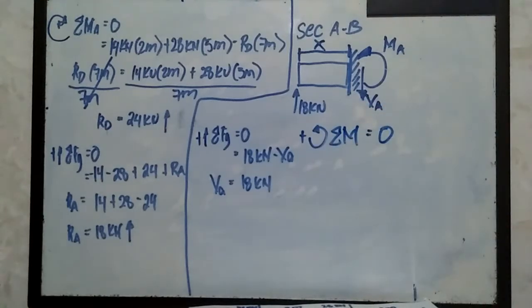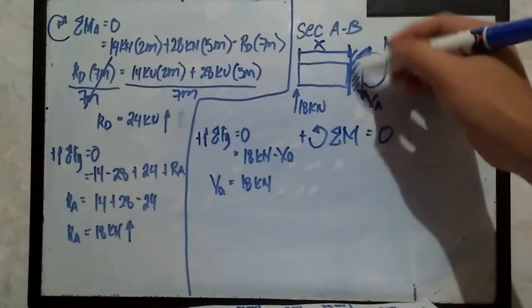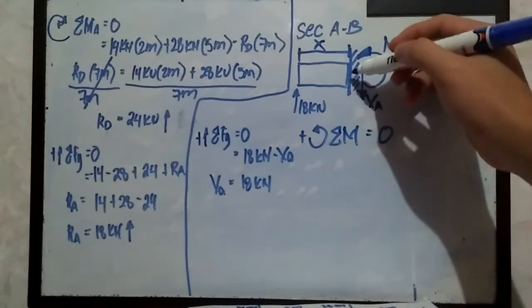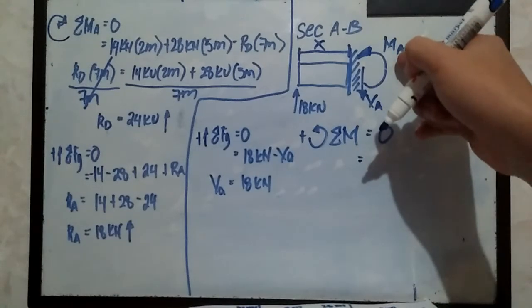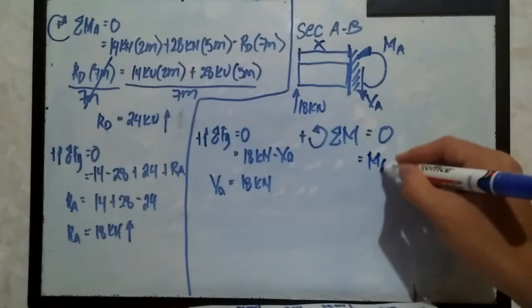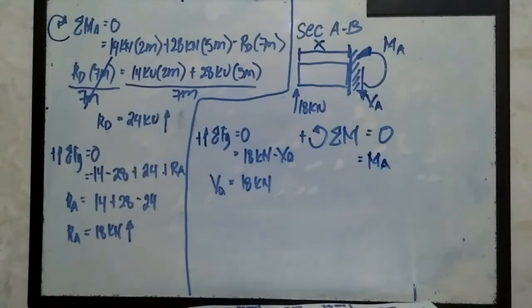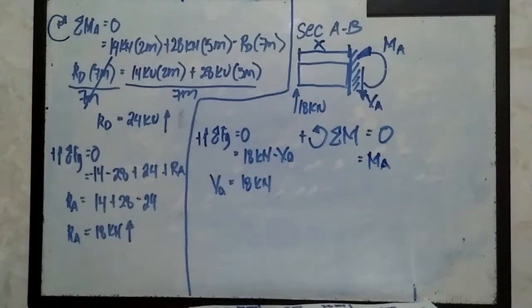We are targeting the pivot point at this section where we cut section A-B. So we have positive M sub A because it is rotating counterclockwise, and V sub A cancels because that is where the pivot point is located.